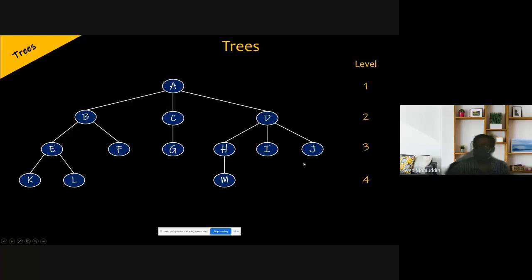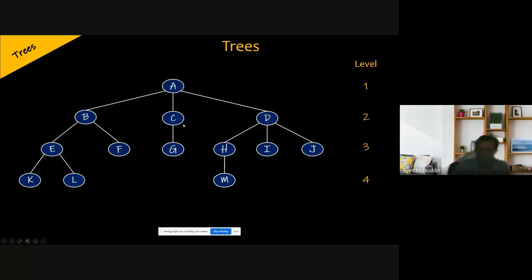Then we need to see another thing: since it's a hierarchical data structure, there are levels. The elements are not before and after, but the elements are placed at levels. So the root node will be at level 1. Then its children, in this case A is the root node, its children B, C, and D will be at the second level.